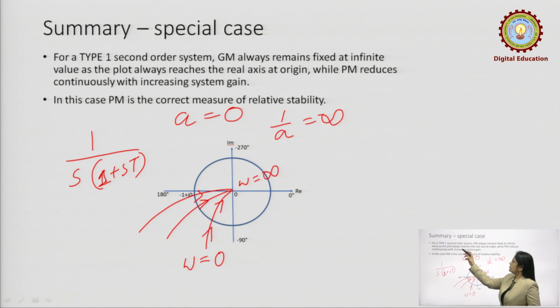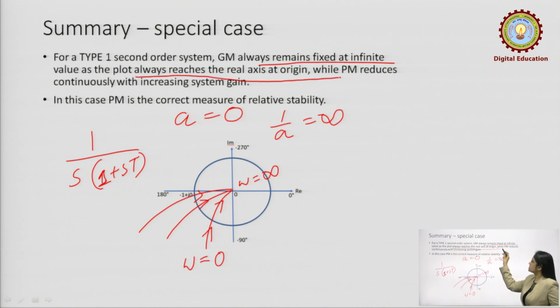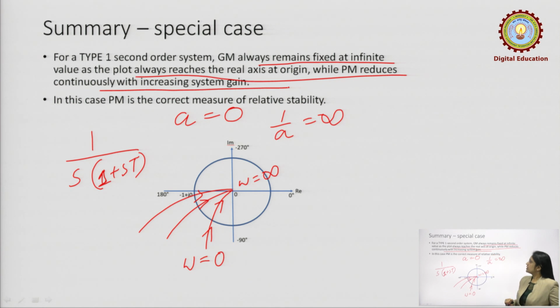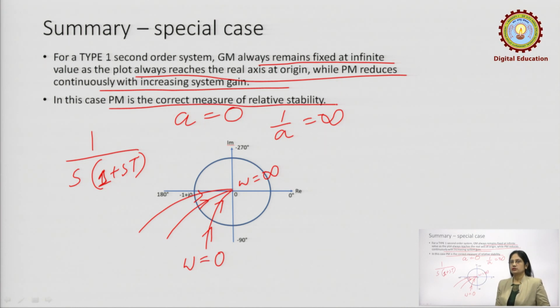So, for a type 1 second order system, gain margin always remains fixed at infinite value, as the plot always reaches the real axis at the origin, because magnitude is 0, while phase margin continuously reduces with increasing system gain. In this case, phase margin is the correct measure of relative stability.